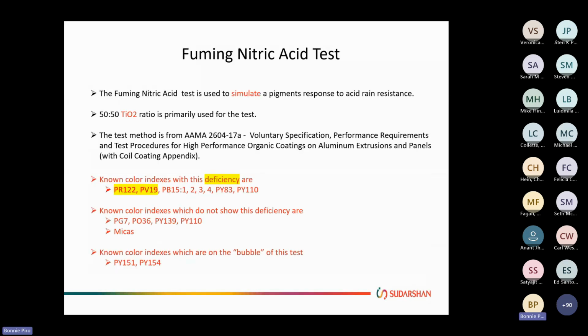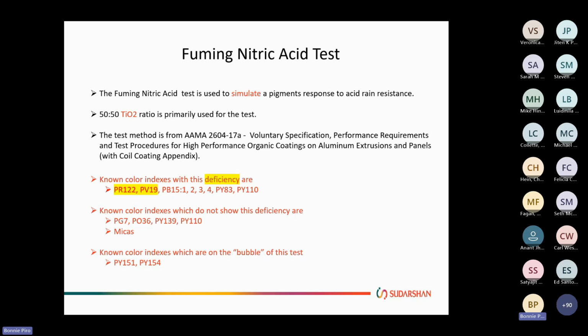So another thing to consider in weathering, a sub aspect of weathering is acid rain resistance. There are regions of the world where acid rain is much higher of a need to protect than other areas. So a fuming nitric acid test is used to simulate that pigment's response to acid rain resistance.